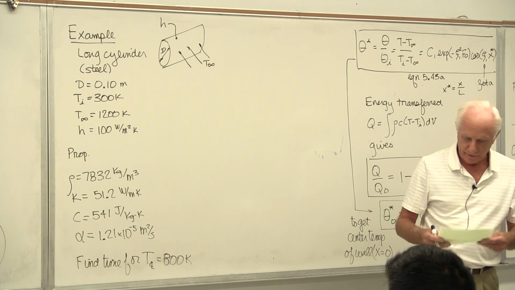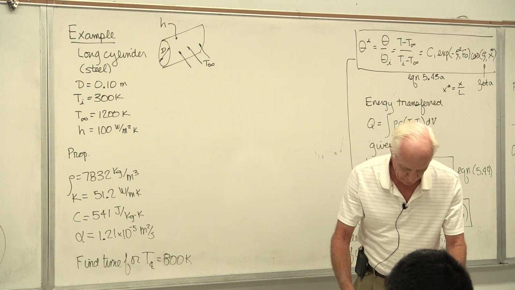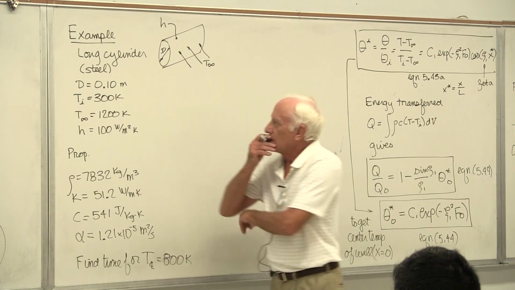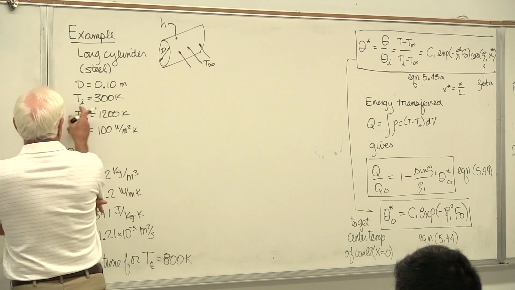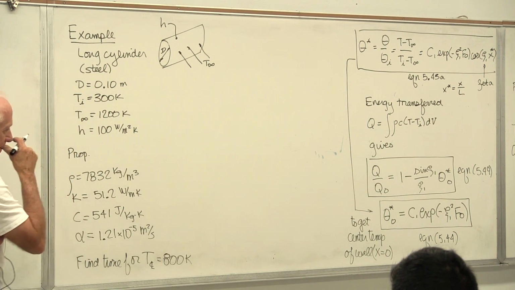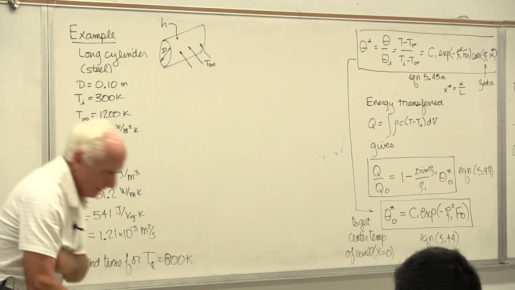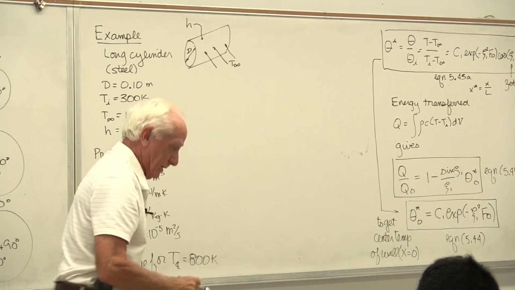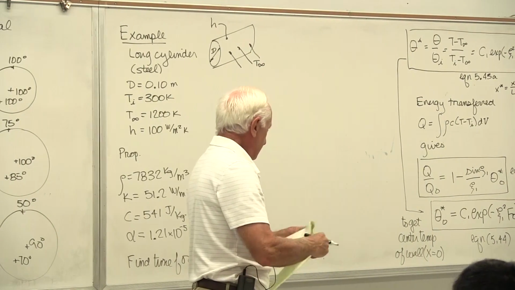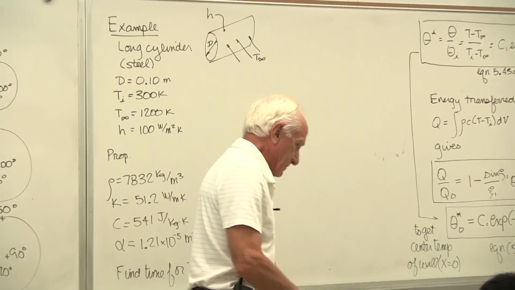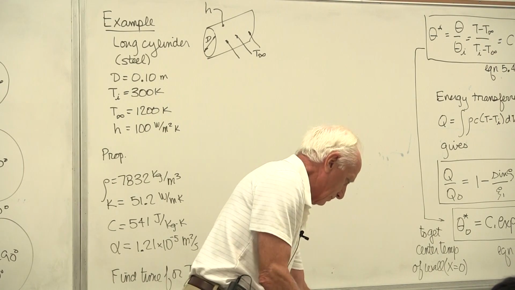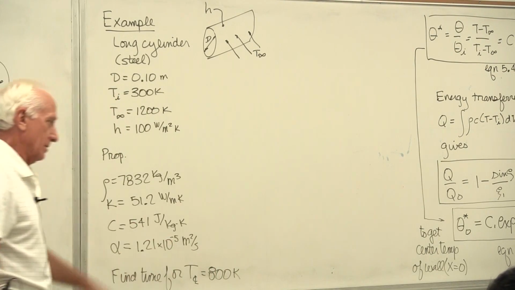Okay. Starts out at 300. I don't want my properties at 300, because it doesn't stay at 300 long. It starts getting hot. Matter of fact, it ends up getting up to a temperature of 800.